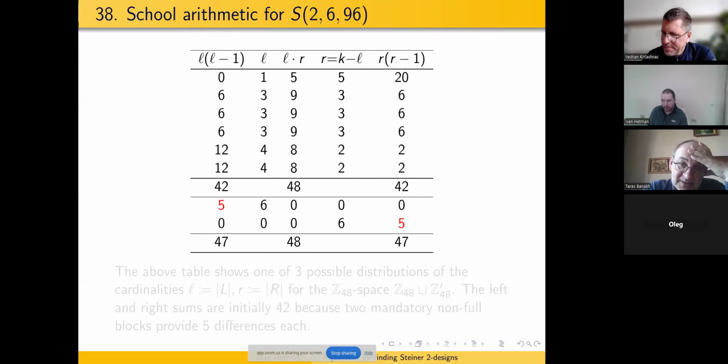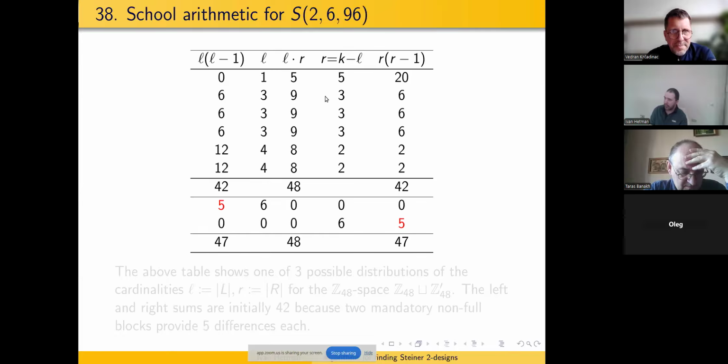So just to look at the table that you calculated already. It is symmetric. Left is just right, but rotated back. So if you remove from left the right, this gives the same numbers.